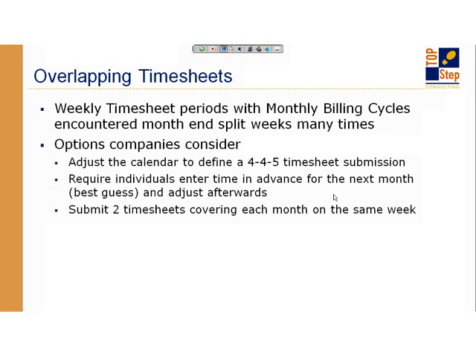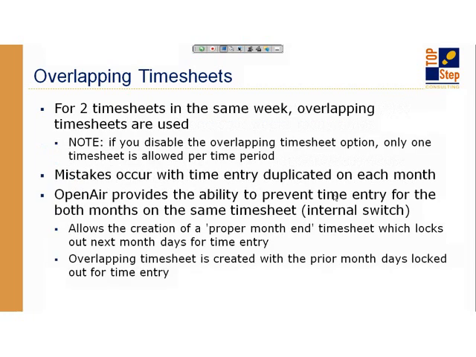And then, of course, if they're off, they have to do corrections in the next month. Or they'll say submit 2 timesheets for the same week, one finishing up March in this example and one starting up April. But when you do 2 timesheets in the same week, how often are your people forgetting to clear out the hours, or putting double time in? You run into duplication. Sometimes that becomes very error prone.